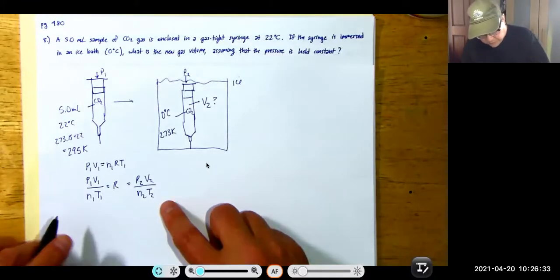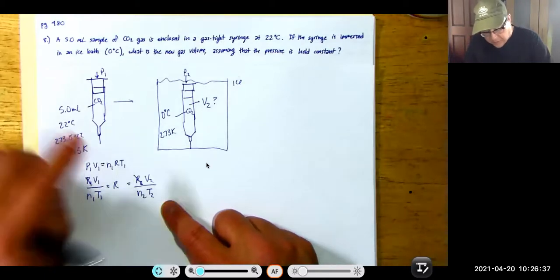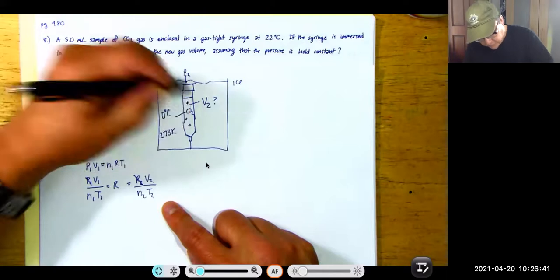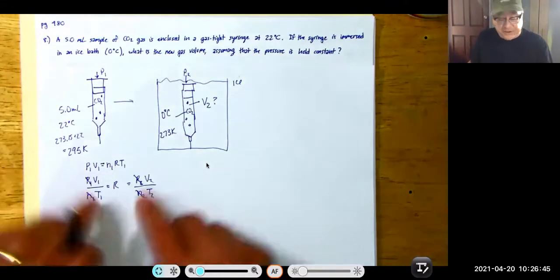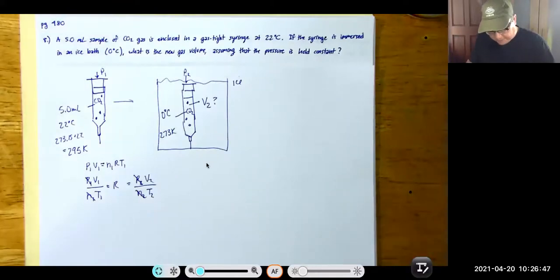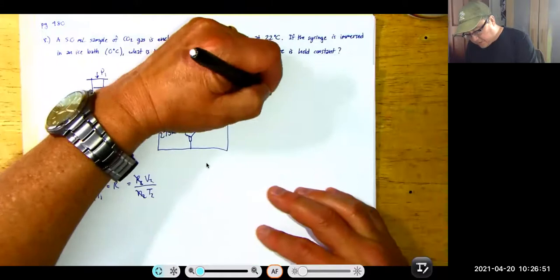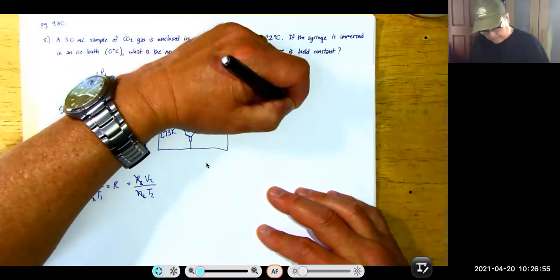We know that the pressures stay the same, so they just drop out of the equation. We know that the number of molecules of CO2 stays the same, so that drops out too, because if N1 equals N2, you can just eliminate them. So our equation is going to be V1 over T1 is equal to V2 over T2.